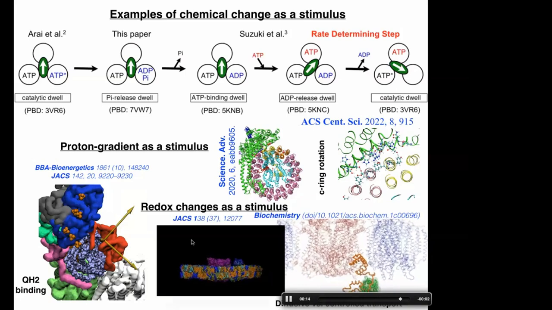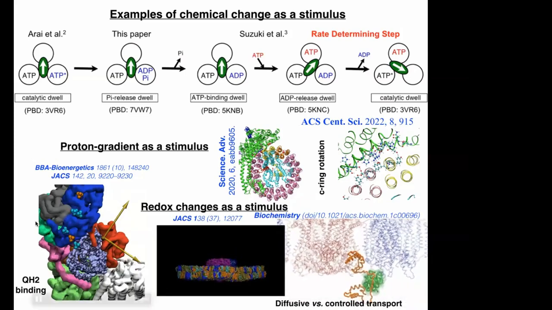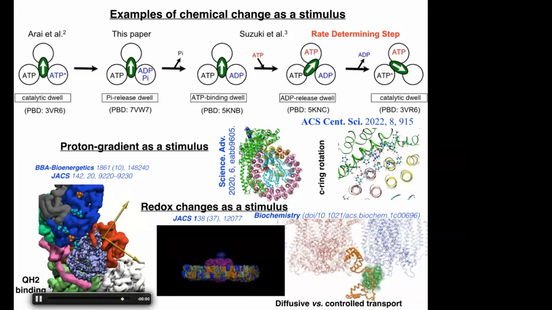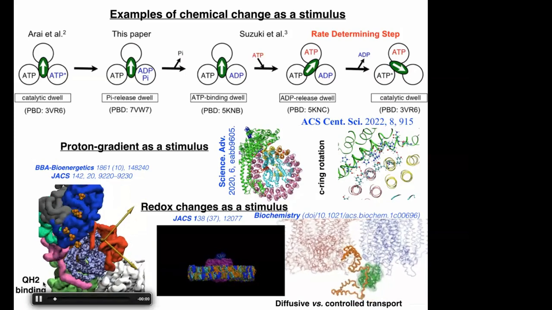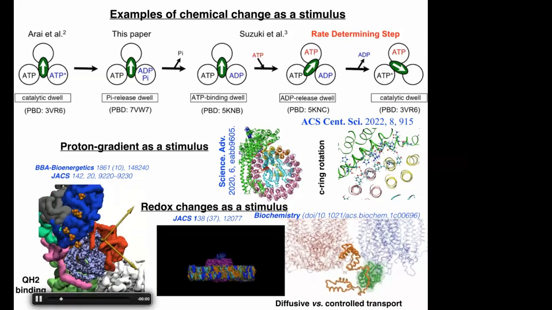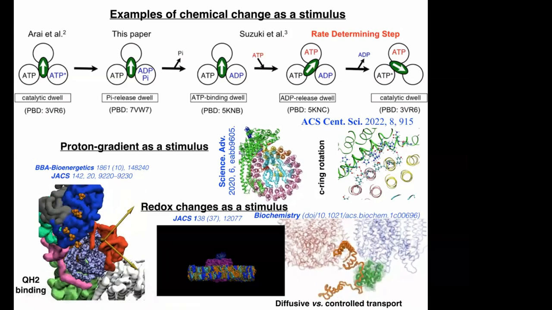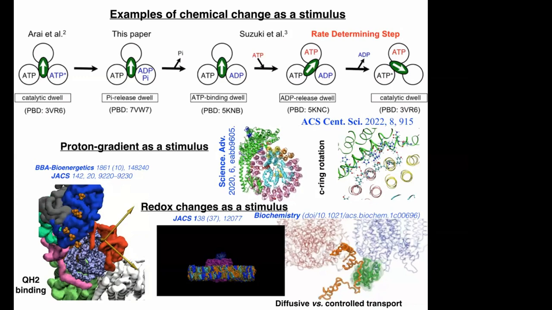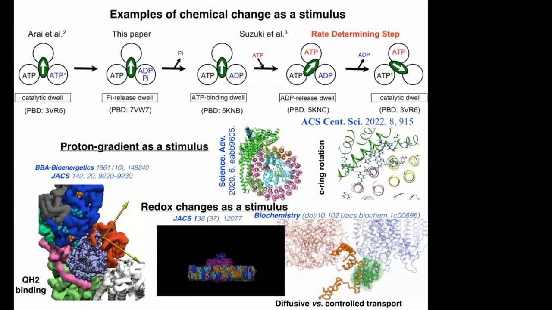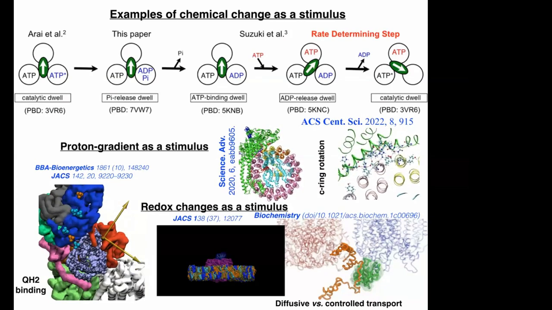Very, very directed movement. You can change the redox state of some iron sulfur clusters and open quinone. Instead of ATP, you can think of quinones as a substrate, as a fuel, and that can happen. There is, of course, the famous proton gradient as a stimulus, which we know drives the ATP synthase, the transmembrane part, and that can also be simulated using this kind of mindset, this kind of methodology.